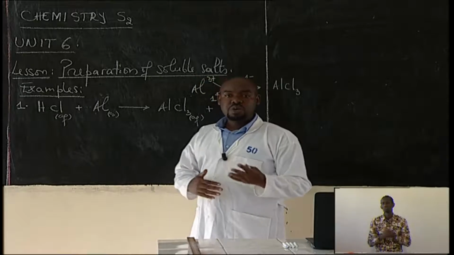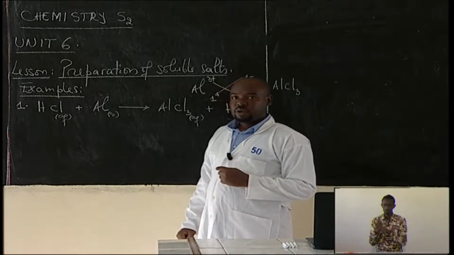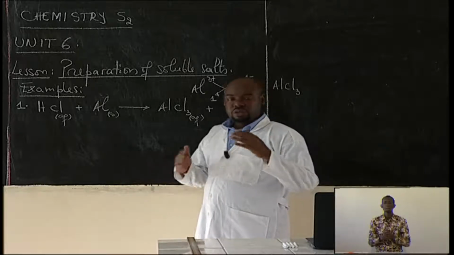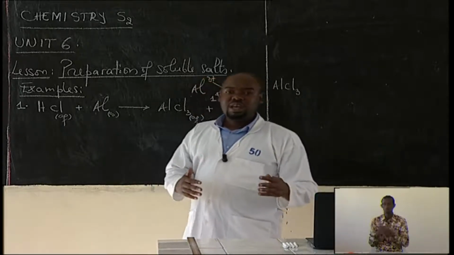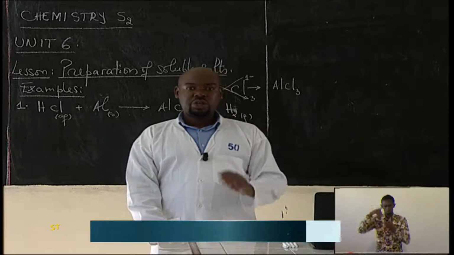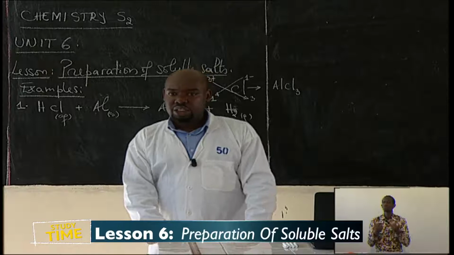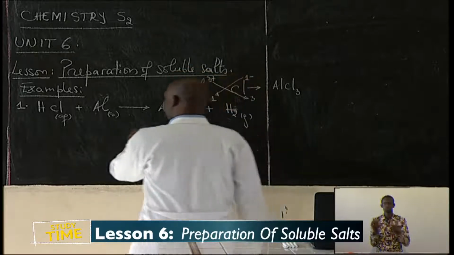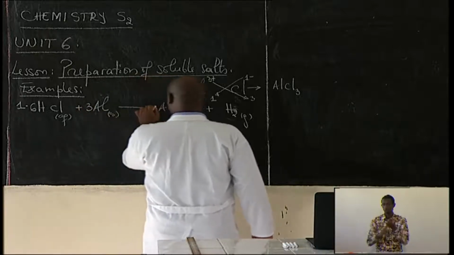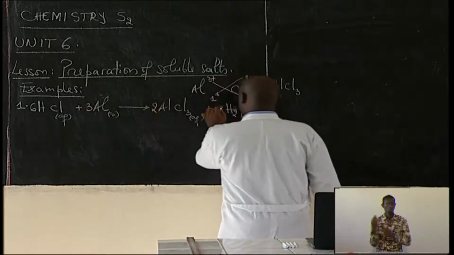So how do we balance? We have different methods of balancing, but because today's lesson is not balancing chemical equations, we will not go into the details. What we need is to have the equation balanced. So here we use 6 and 3 to put 2 here and 3.